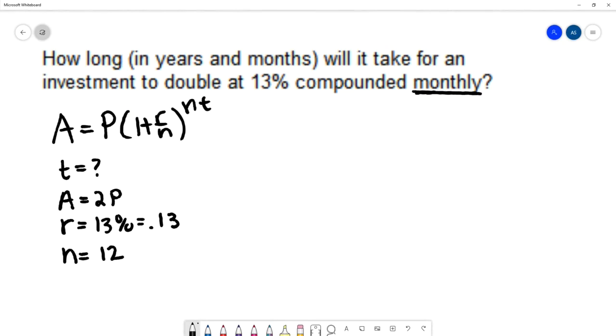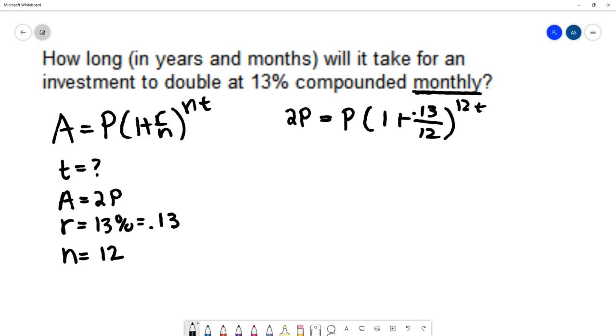So let's plug these values into our formula, and that will give 2P equals P times 1 plus 0.13 over 12 to the 12t.